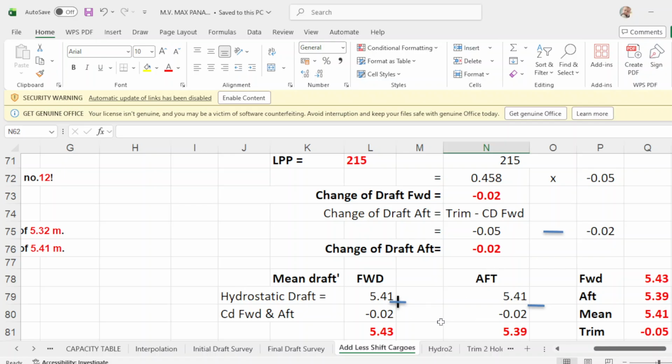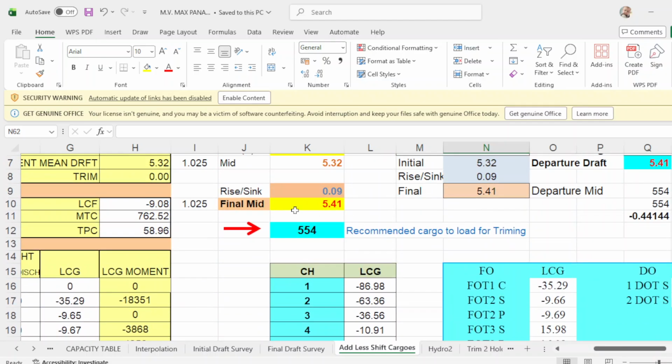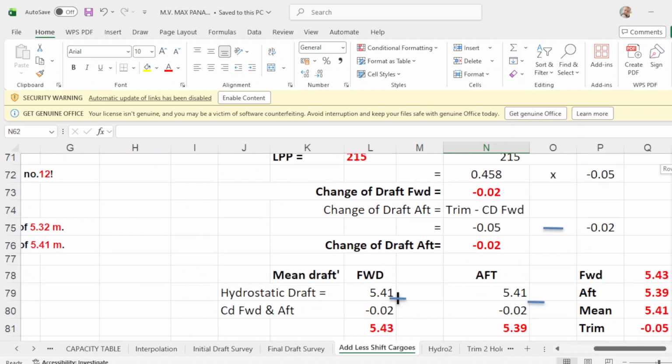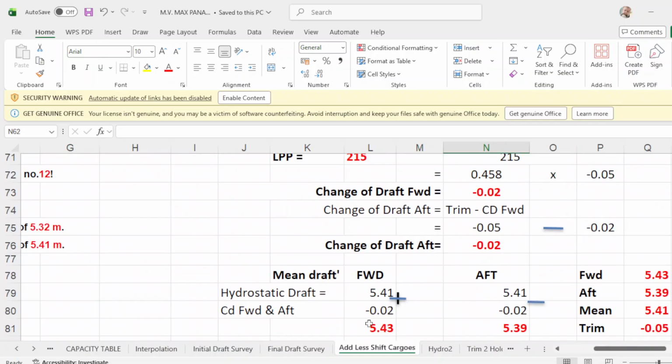Okay, then put your drop here, 5.41, which is this one. Okay, 5.41. Apply your change of drop forward of negative 0.02. Aft drop is... change of drop aft is negative 0.03.